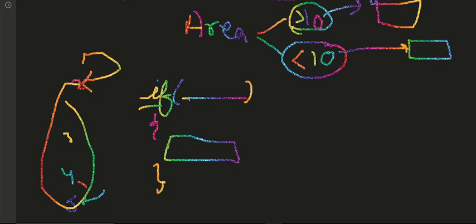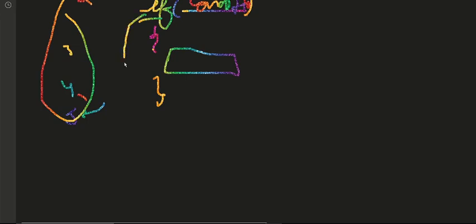Actually this is not literally happening, but it is a way to understand. If there is a condition and it becomes true, then this block will execute. Otherwise the program control will move out of this.